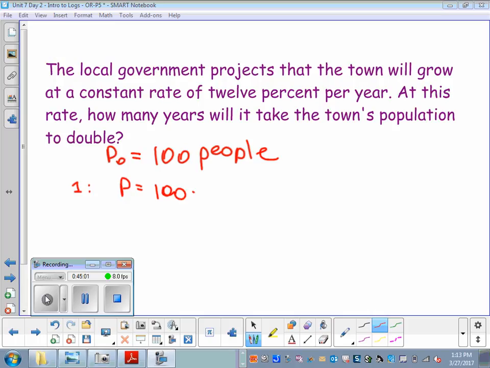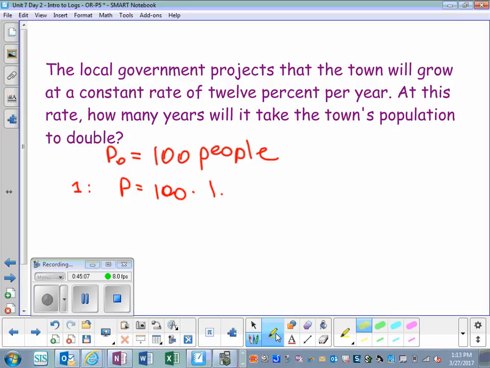100 times what? 1.12. Will it grow? So multiplied by 1.12. Do we all understand this? Yes? To grow by 12%, I need to multiply 100 by 1.12, right?